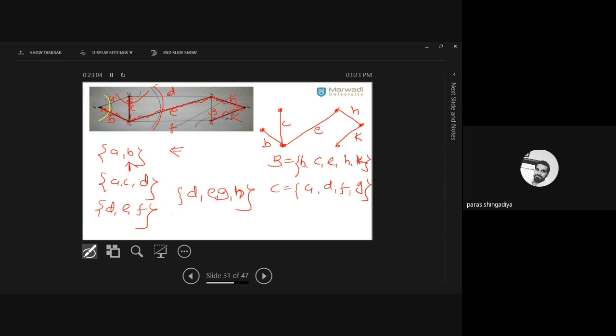Is it a fundamental cut set? Delete D, E, G, and H. So which vertex will be disconnected? V4 will be disconnected from the rest of the graph. Is it a cut set? Now is it a fundamental cut set?